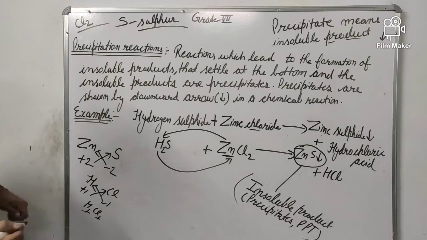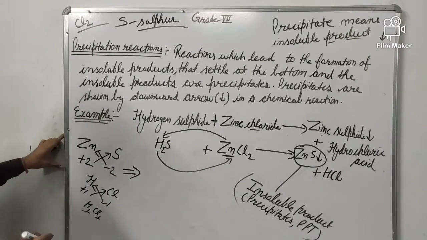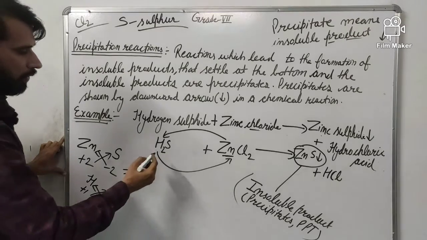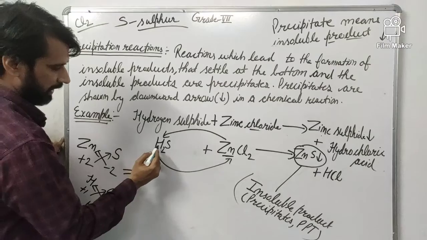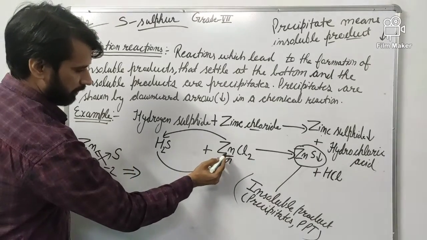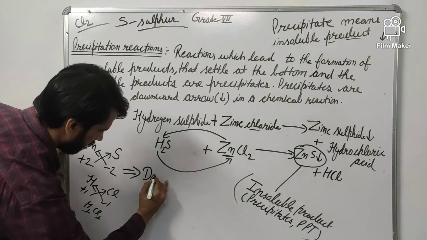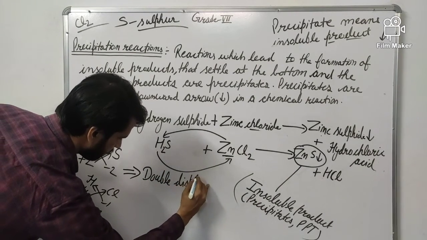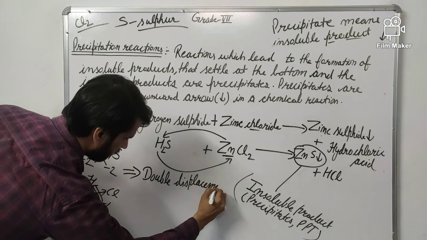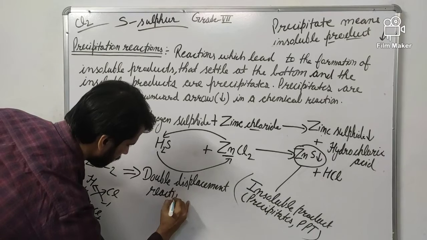And one thing also, this reaction is also an example of a displacement reaction. What type of displacement? Because two positions are exchanged, Zn comes in place of H and H goes in place of Zn. So this is also an example of which type of reaction? Double displacement reactions.